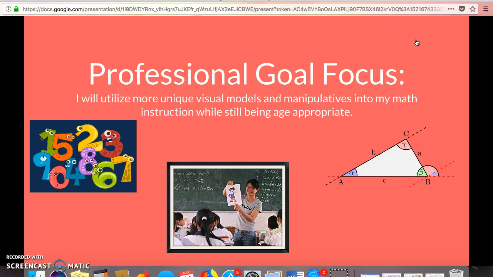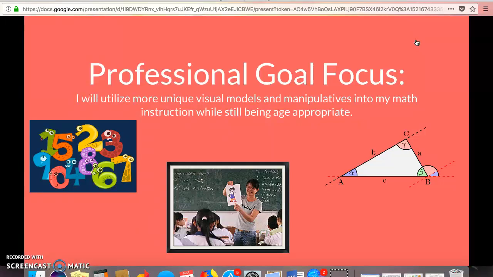So my professional goal focus was: I will utilize more unique visual models and manipulatives in my math instruction while still being age appropriate. I only teach math in terms of the resource room. I don't teach ELA, so I wanted it to be math focused.